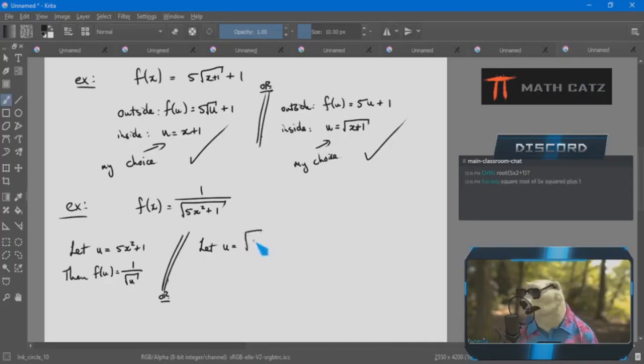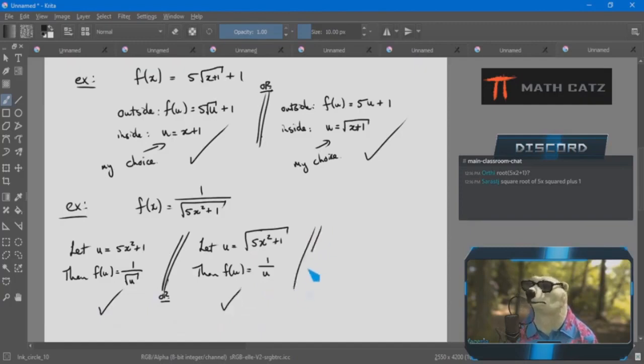Square root of 5x squared plus 1. That's a different choice, but it would still work because then my outside function is 1 over u. Correct, correct.